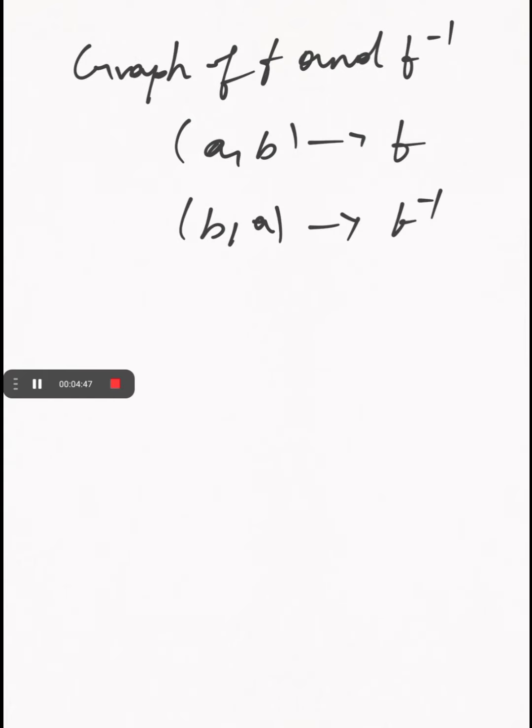We need to interchange the coordinates of f of x. That is the inverse, right? Here (a, b) is a point on f, then f inverse contains (b, a). I will explain through this example.